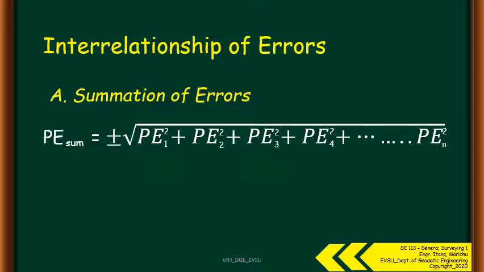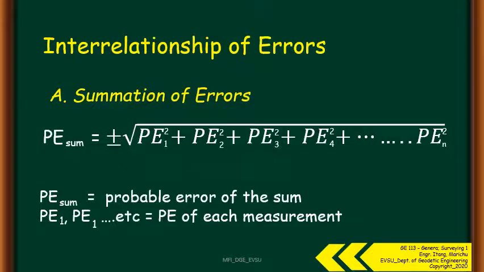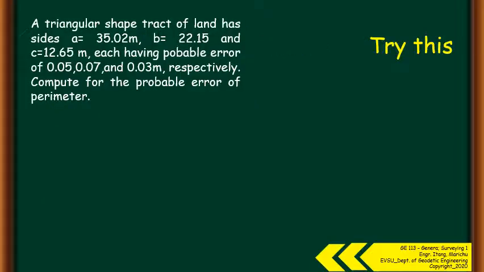So, we have here an example where your PE of the sum, that is the probable error of your sum, P1, and your PE2, that is the individual probable error ng kanyang measurement. So, we have here an example. A triangular shaped tract of land has a side A, yung length niya is 35.02, si side B, meron siyang length na 22.12, si side C is meron siyang length na 12.65.